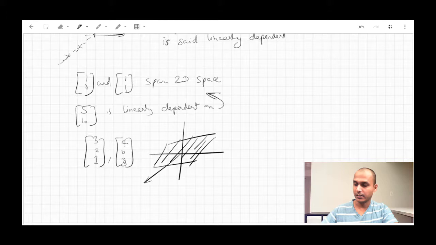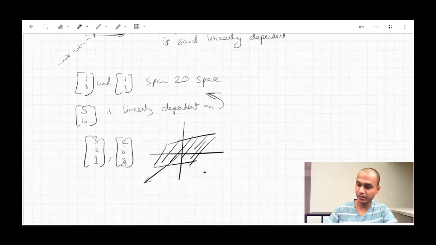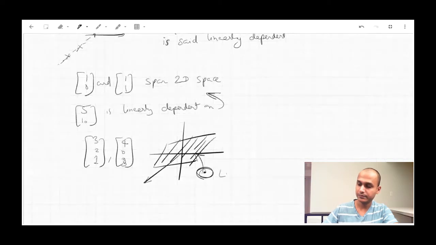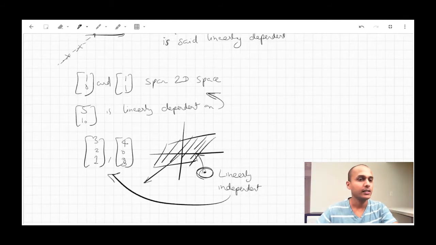It need not be the whole space, and I can always pick a vector which is not on that plane. So that vector, by just intuition, you can see that since it doesn't belong to the plane, it's not in the span of those vectors. And therefore, this vector would be linearly independent of the first two vectors. Okay.